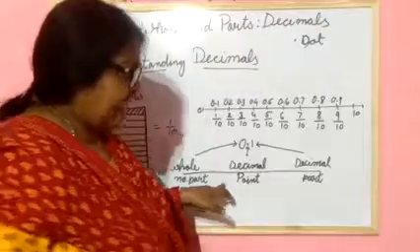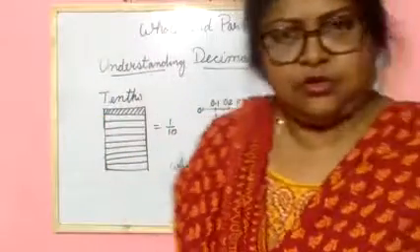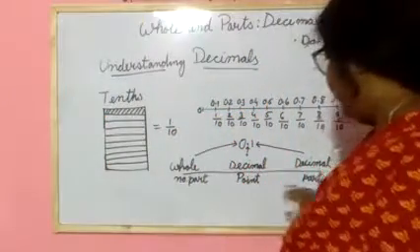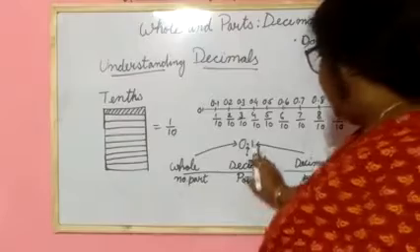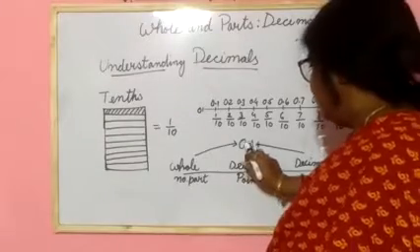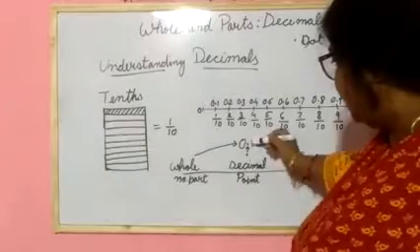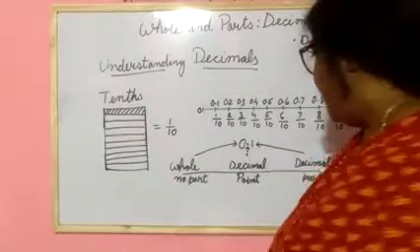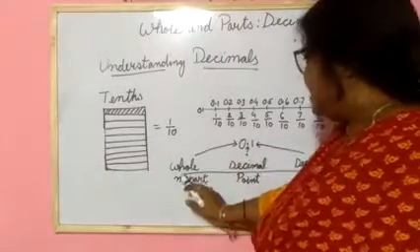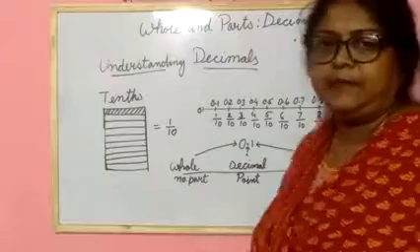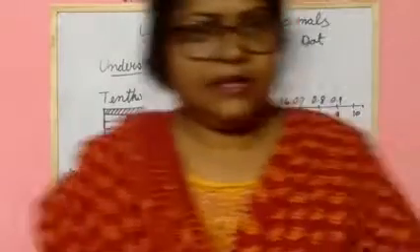So in this line, I have shown you the things I have drawn. One more line. Here one dot is there. The dot in a decimal number is known as the decimal point. This point is known as the decimal point. And this number is known as the whole number part. Understood?